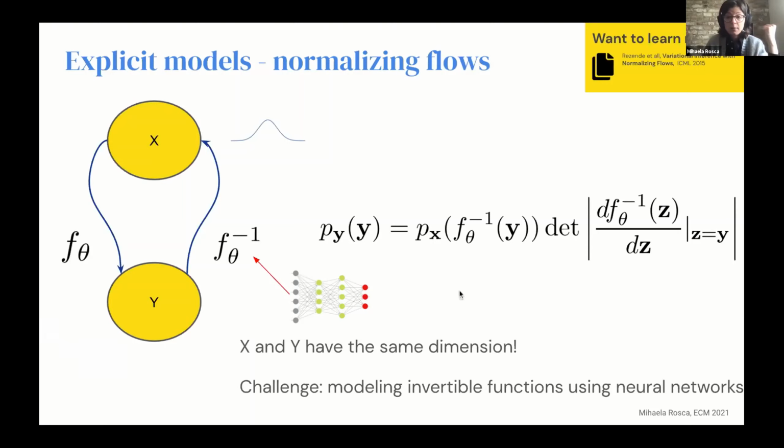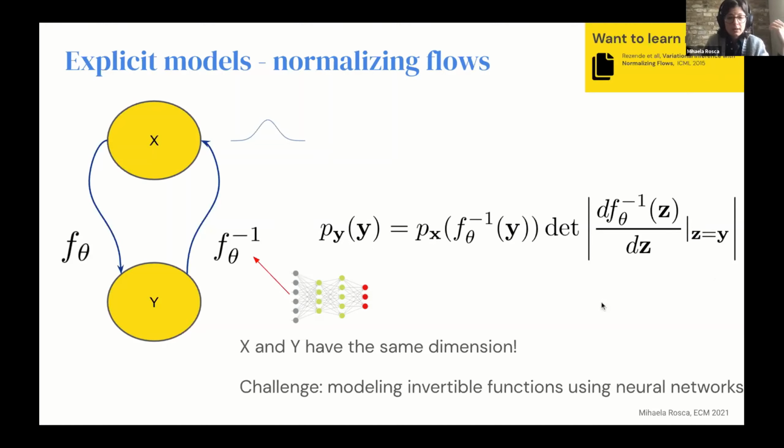The challenge comes from this determinant of the Jacobian term, because if we train this model, we will need to evaluate this likelihood for each training update. And we want this to be relatively cheap to compute, because otherwise it's going to make these models prohibitive to train. This is an idea that comes again and again in machine learning: you want things to be cheap to train, especially in a gradient descent setting.